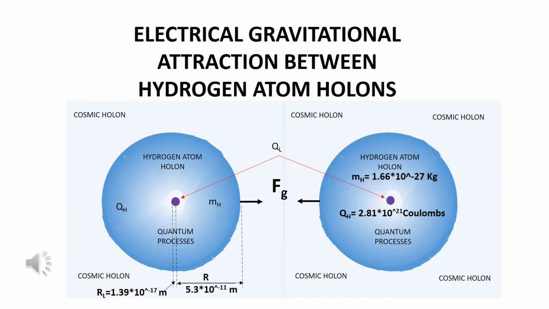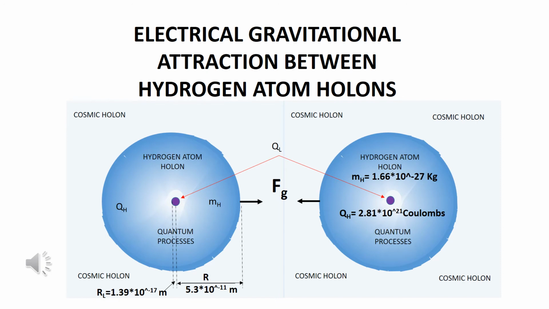So in principle, using Coulomb's equation relating electrical force Fe to the product of the two charges divided by the square of the distance between them, and multiplying by the electric scaling constant Ke, we can calculate the gravitational force from electrical principles. Unfortunately, we have a problem with the value of QL.